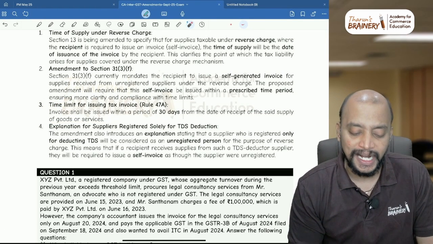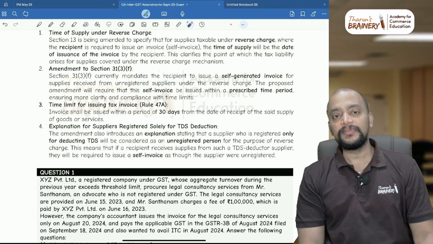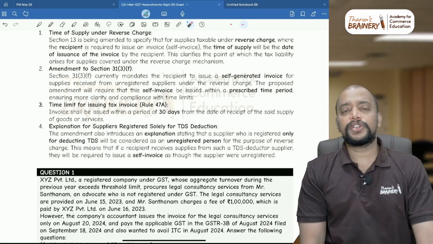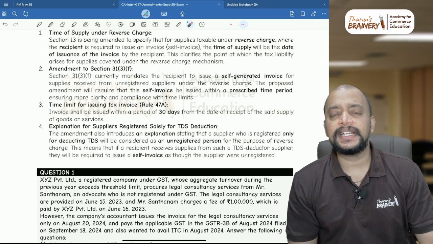And there is one explanation that has been added. Generally, who are TDS deductors?